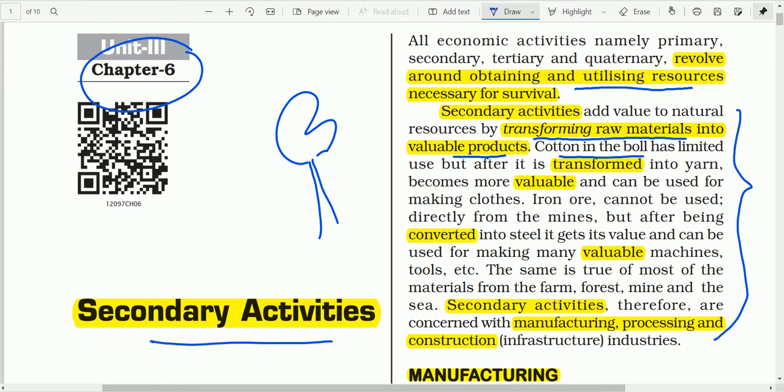but after it is transformed into yarn, it becomes more valuable and can be used for making cloth and other products.